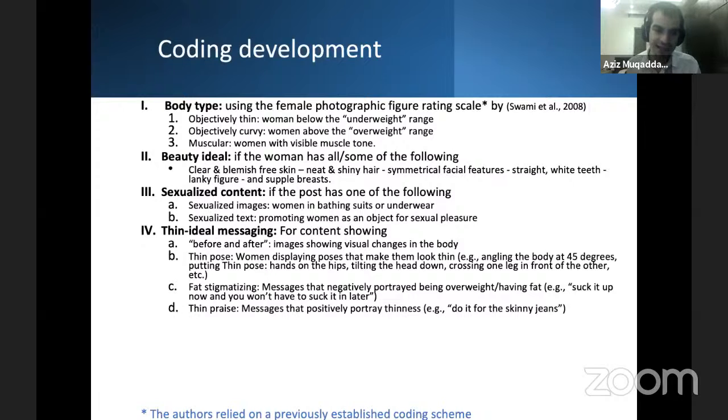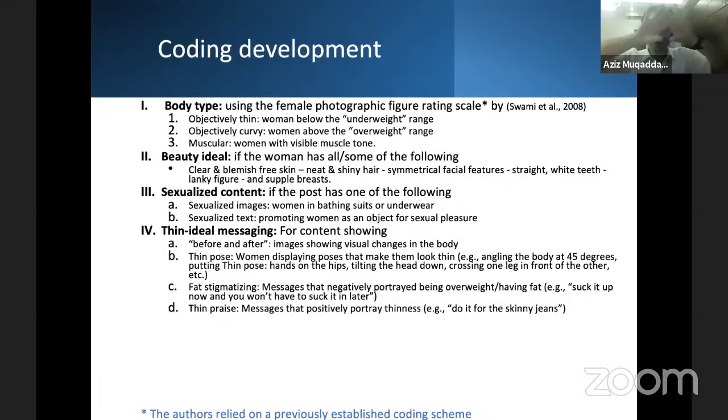So thin ideal messaging is like any image, any candidate that's showing before and after. I'm sure you've seen these before, right? Like the before body and the after body. So like March 2017 and then March 2020, and you would see super fit in the present, but a below average body in the past.